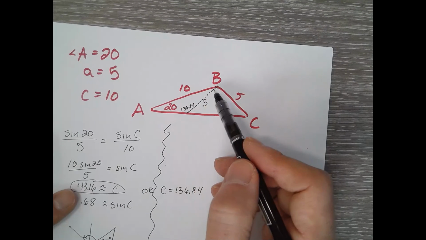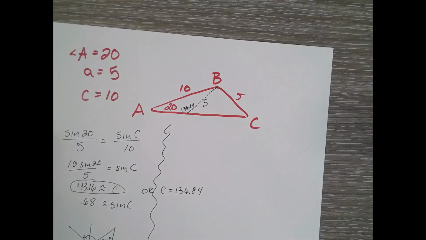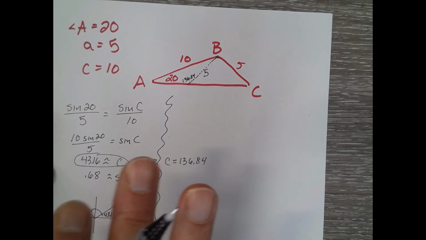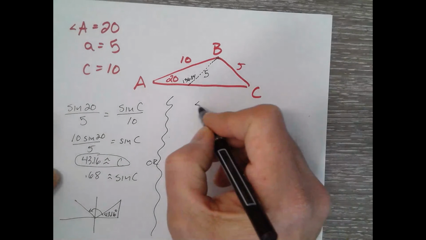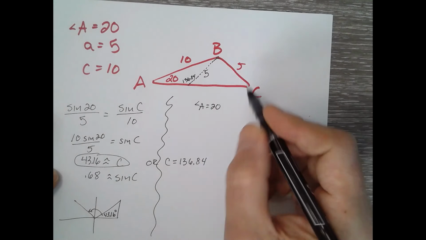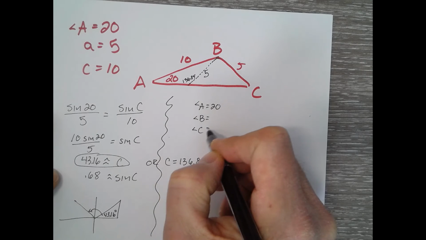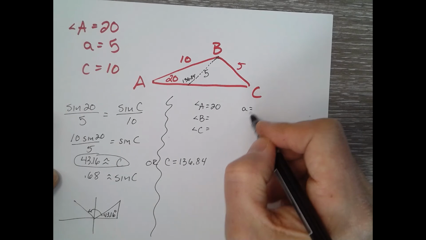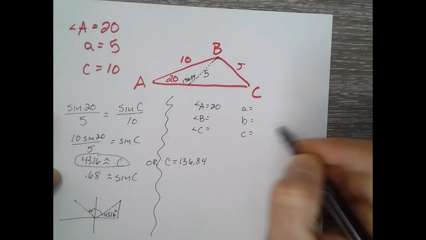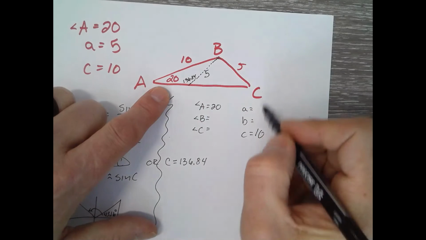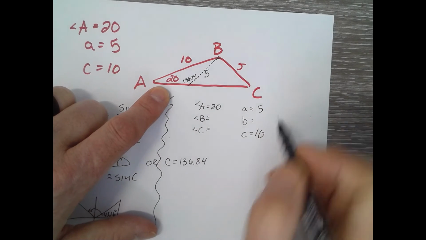You get B, and then you do one more law of sines and you're done. On this side, we know that angle A is 20. That was given to us. Angle B and angle C we're going to find. What else is given to us? C is 10, and A is 5. Those are the three givens.